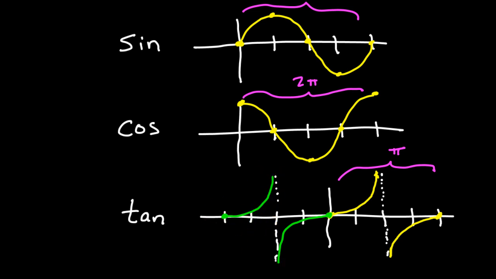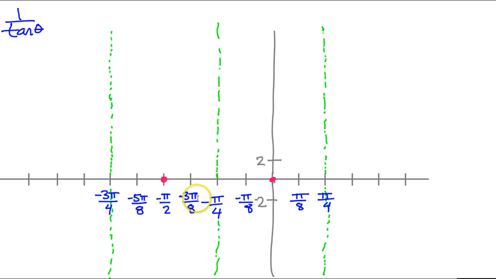So the cotangent function is going to be very similar, except instead of increasing, cotangent is always going to be decreasing. Alright, so if I start from this midline, cotangent is going to be decreasing. And of course it has to approach the asymptote, so it's going to be going like this.